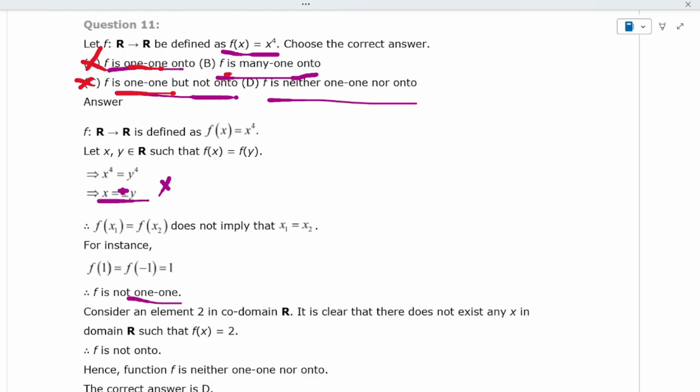Many-one they have given, many means many elements are considered to one element of the domain, so it is also not possible. The only answer is neither one-one nor onto, so you can check that.